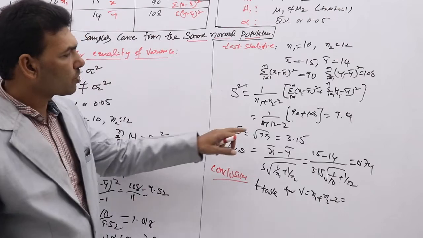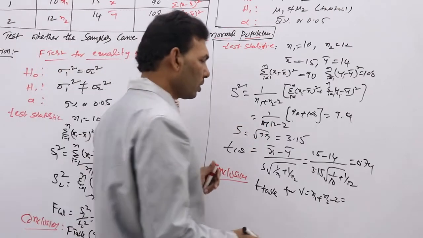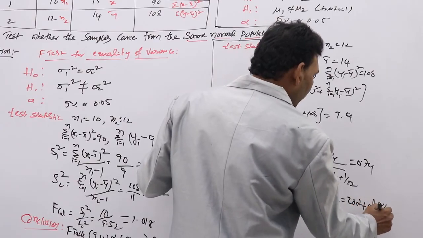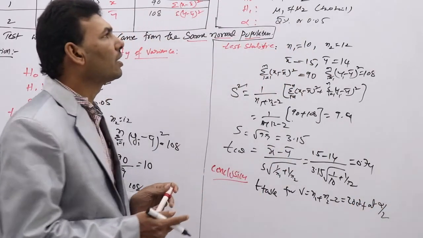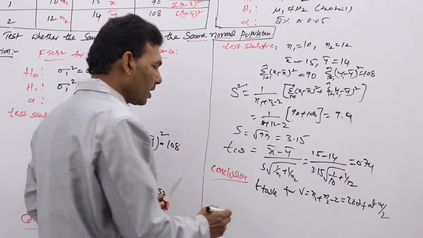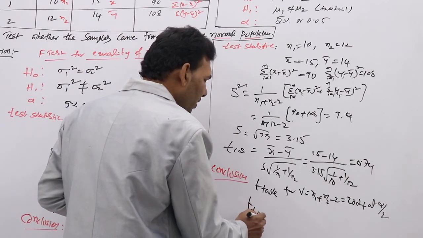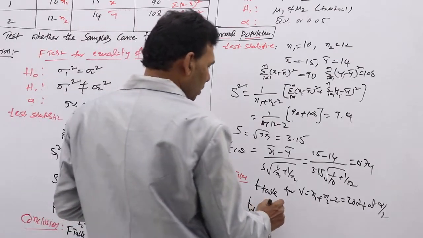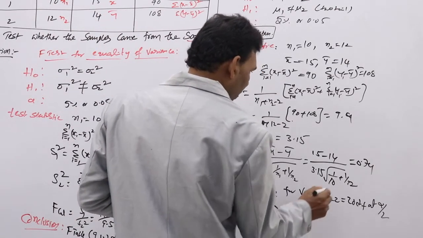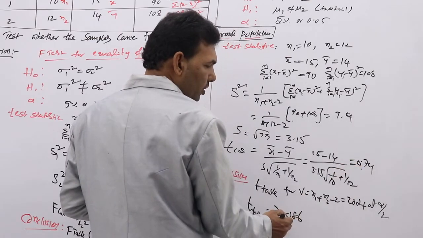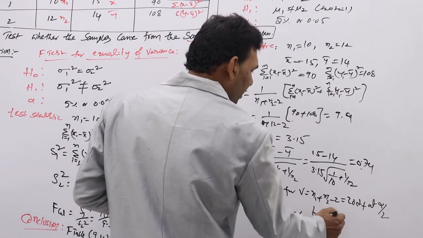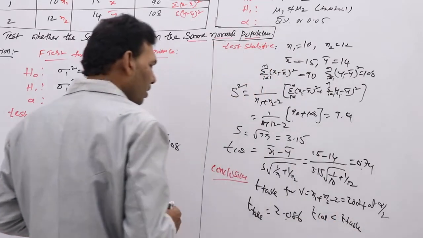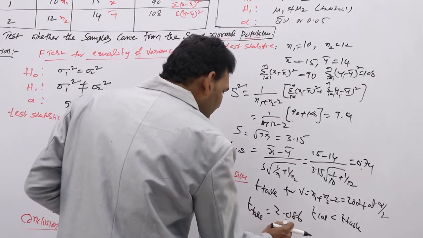N1 plus N2 minus 2 means 10 plus 12, 22, minus 2, 20 degrees of freedom at alpha by 2 level, because this is a two-tailed test. The T table value is 2.086. Now compare 0.74 and 2.086. T calculated is less than T table. What is the conclusion? Accept H0.